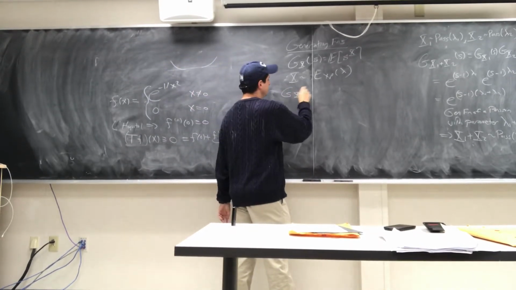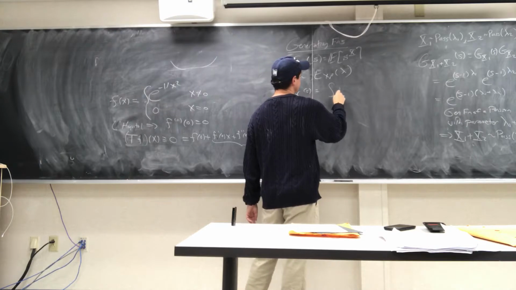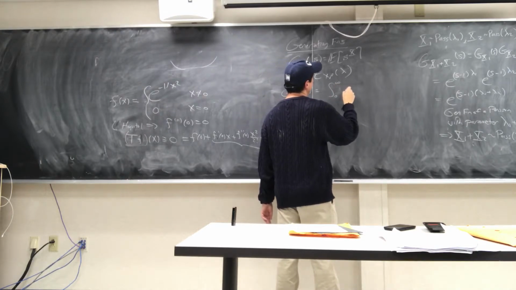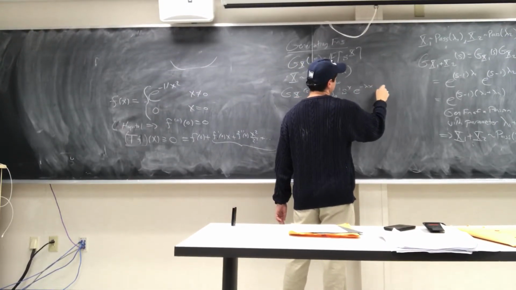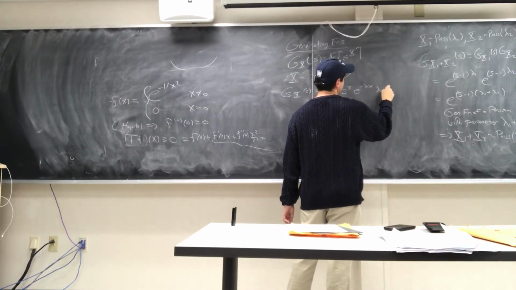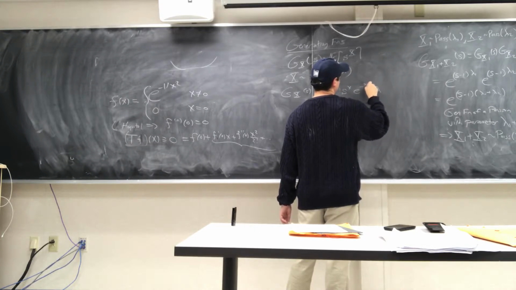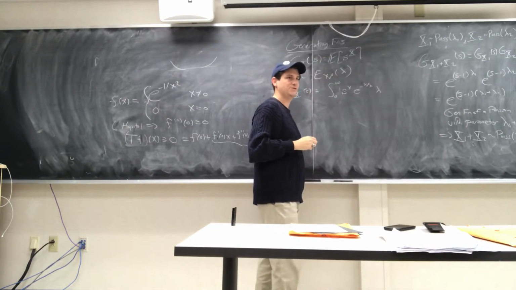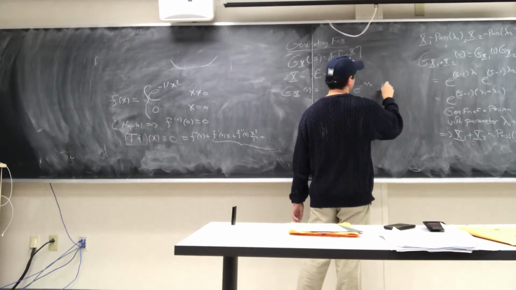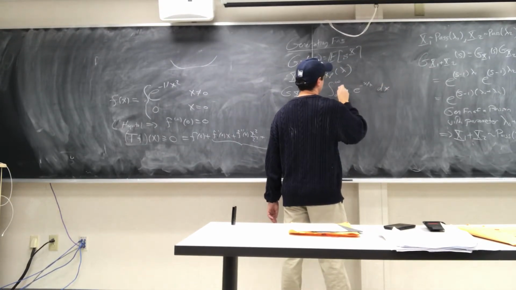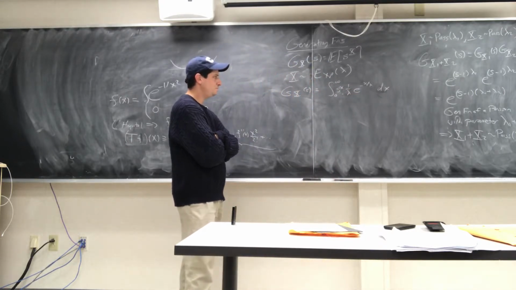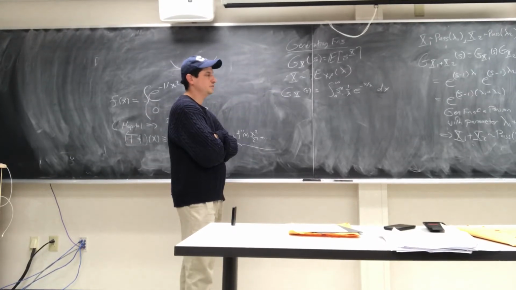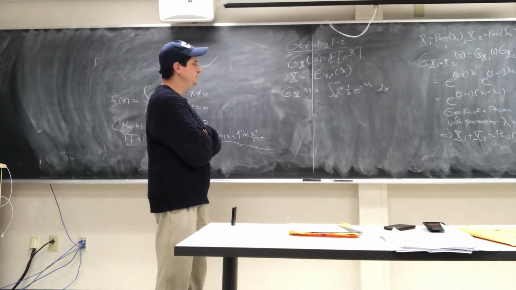We get the generating function is equal to the integral from 0 to infinity of s to the x times e to the minus x over lambda, times dx, and I have a 1 over lambda. Sorry, I do x over lambda. So that's my exponential density. So I need to do this integration. So the question is, will this converge?